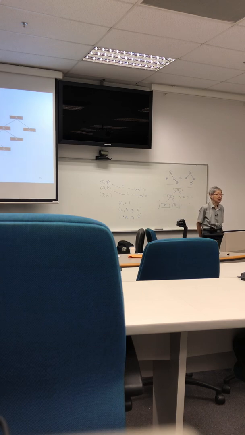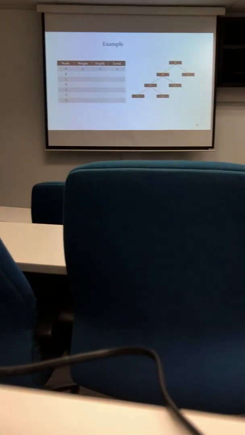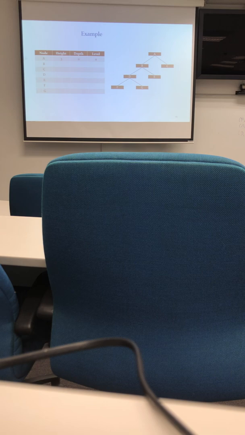Okay, how about the depth? The depth is the other way around. The depth is the number of edges in the path from the root to the node. For this tree, the root is A. So from A to A is 0.